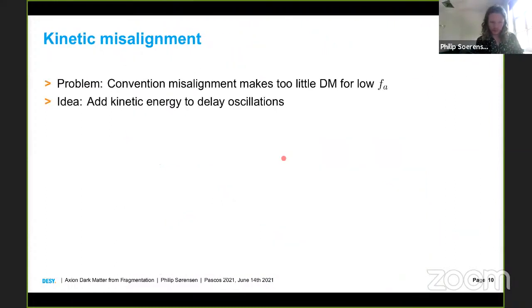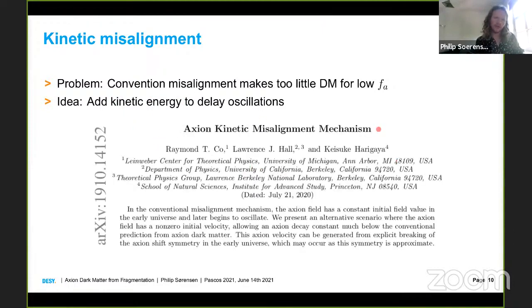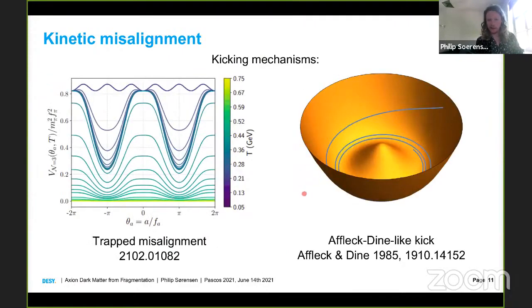One way, which is much like what Pion just mentioned, is that you can try to add in some kinetic energy. And this kinetic energy will have the effect of delaying oscillations, which is what is essential in this axion kinetic misalignment mechanism, which was proposed by Co, Hall, and Harigaya. As Pion also discussed, to have this work, you need some kind of kicking mechanism that delivers this initial velocity.